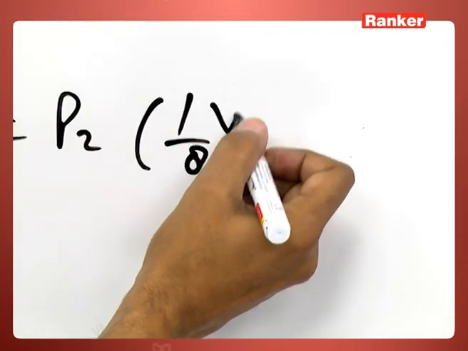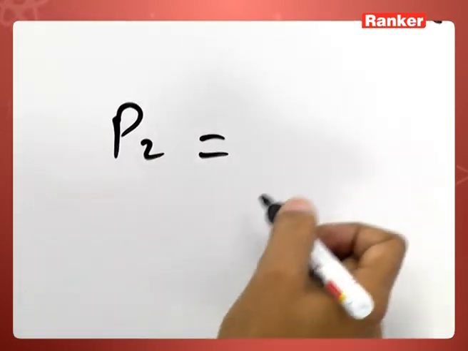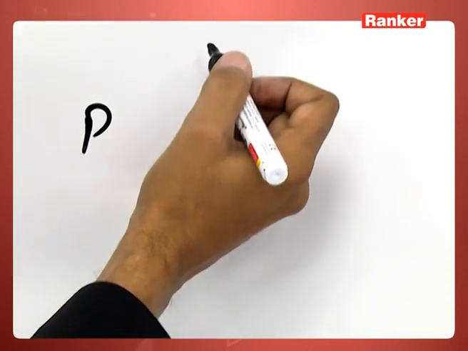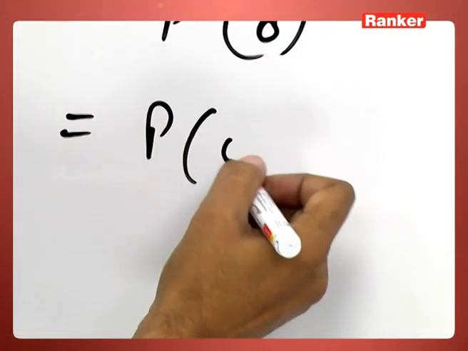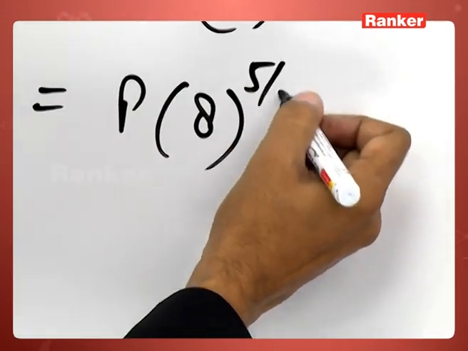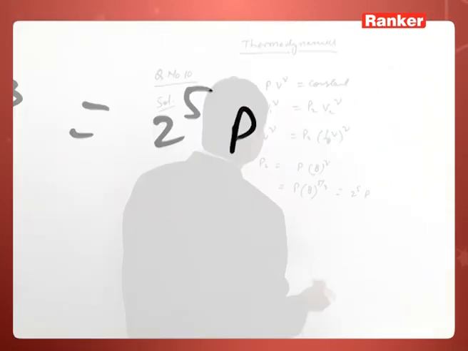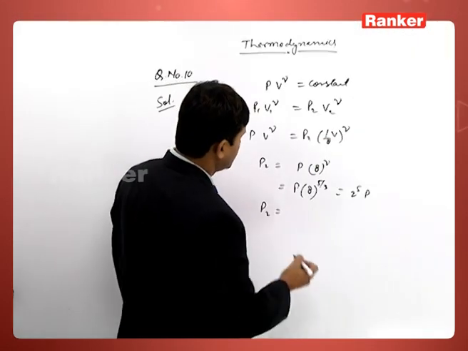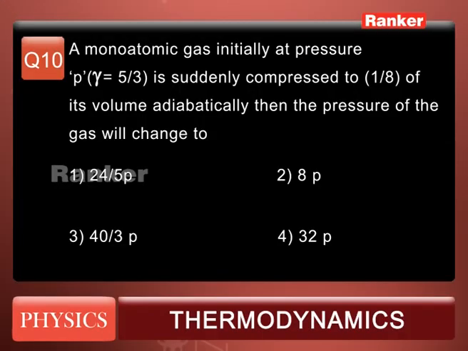So P2 is equal to P times 8 to the power gamma, and gamma value is 5 by 3. So this is 2 to the power 5 into P. So P2 is equal to 32P. So our correct option is option number 4.